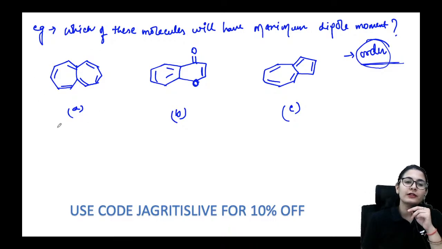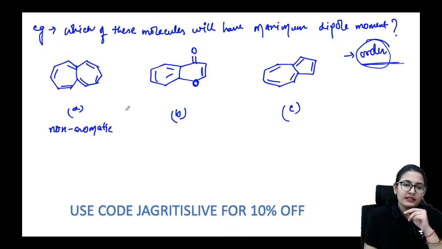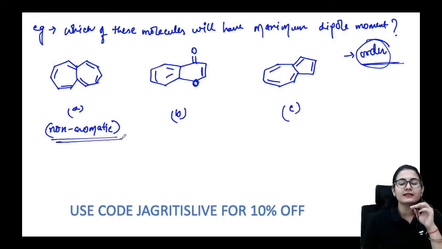Now, this heptafulvene molecule, haven't we discussed that from Craig's rule, this is going to be a non-aromatic system? Yes, this is going to be a non-aromatic system, and the non-aromatic system does not care very much about delocalization. Delocalization is the property of aromatic systems, isn't it? So this will not do delocalization.